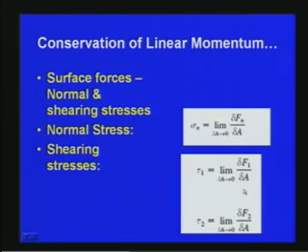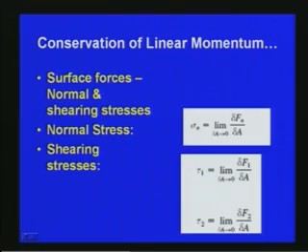If you consider that, then we have two components for the shearing stress. The first one is tau 1, which is the limit of delta F1 by delta A as delta A approaches 0, and tau 2 can be written as the limit of delta F2 by delta A as delta A approaches 0. So these are the main surface forces.